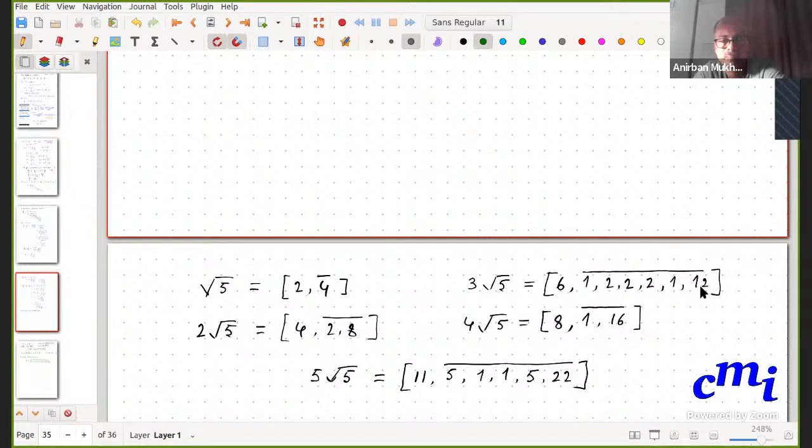It's very interesting. You can in fact look at the list of periods of square root of n, n a whole number. So just keep taking the square root of whole numbers and look at their continued fraction expansion. They give very interesting periods.